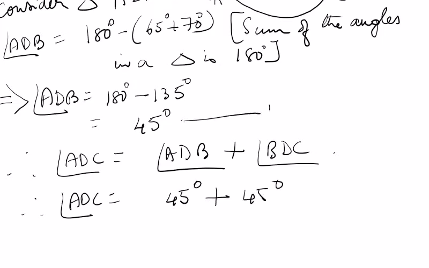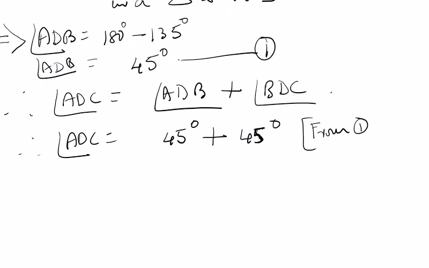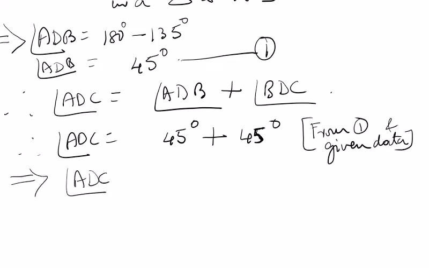This 45 we got from here: angle ADB is 45, which we have found out, and this other 45 is given in the question. So from the result and the given data, angle ADC is equal to 90 degrees.